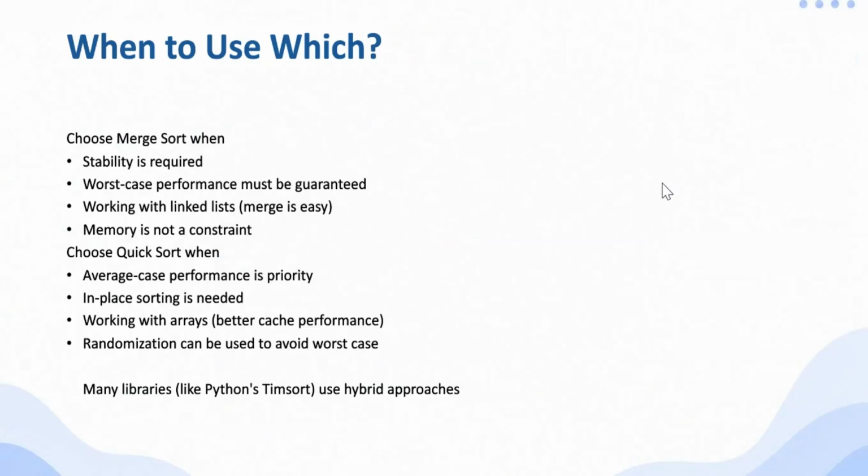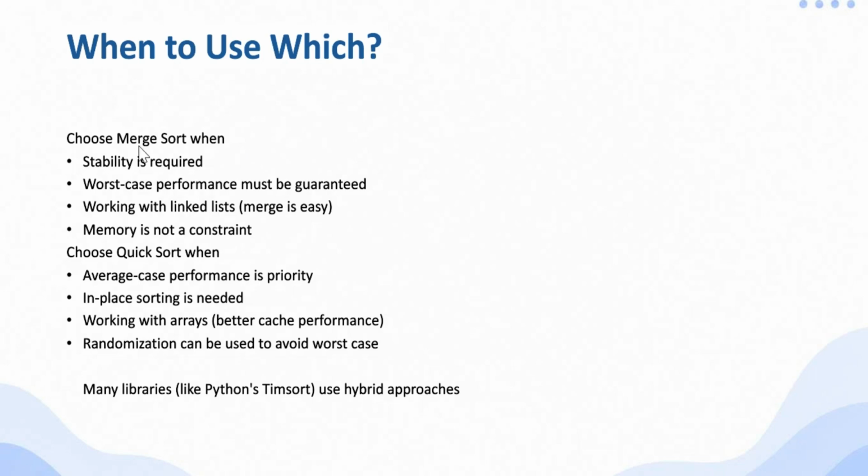so when to use which? You have to choose merge sort when stability is required, right? But when should you use merge sort, and when should you use quick sort?